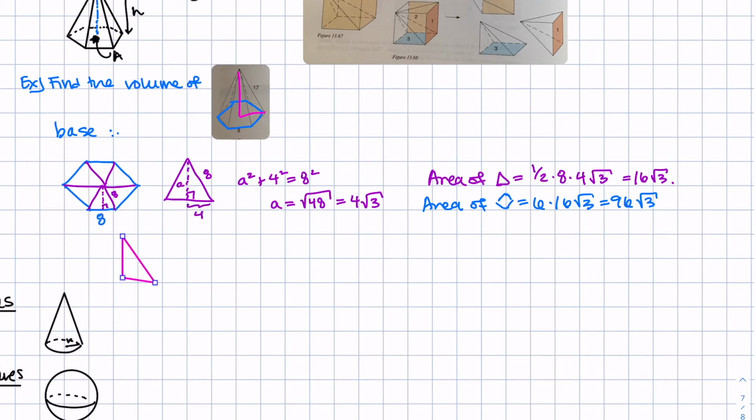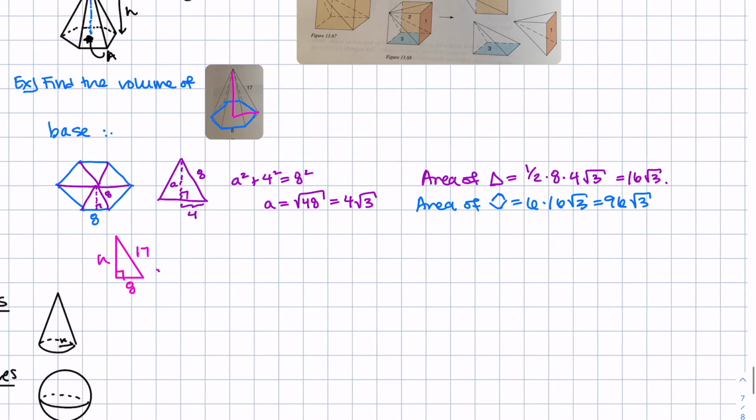This is not really to scale at the moment, but it looks something like this pink triangle. This side length we said was 8, this one is 17, and then this is my right angle. And so this is the height of the pyramid.